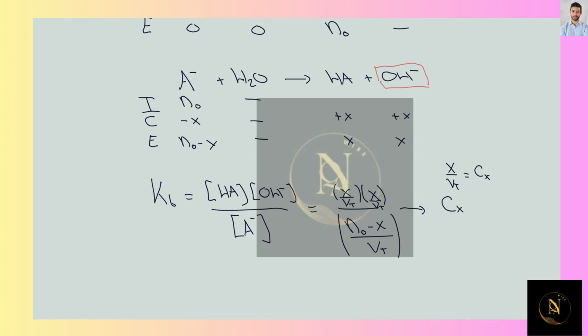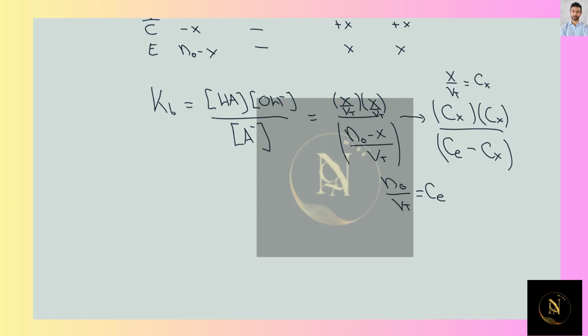So this becomes Cx times Cx divided by N0 over Vt, which is the concentration at the equivalence point, minus Cx. I'll use N0 over Vt as C of equivalence. So now what you need to do is solve the quadratic expression for Cx.